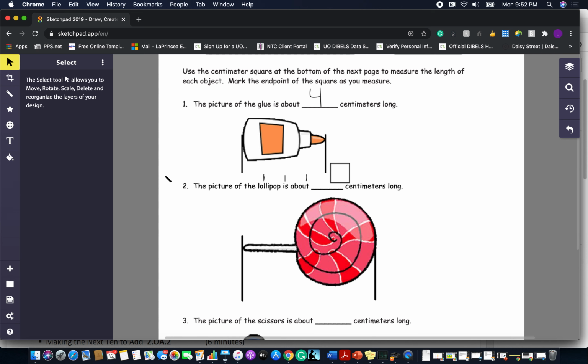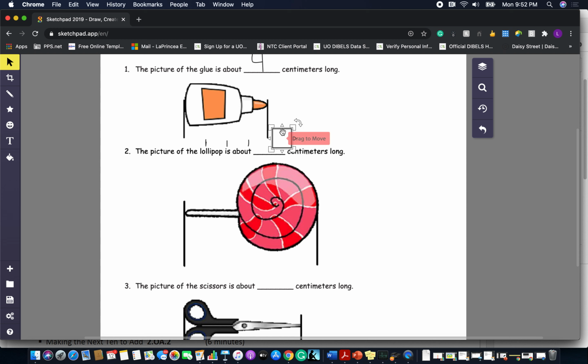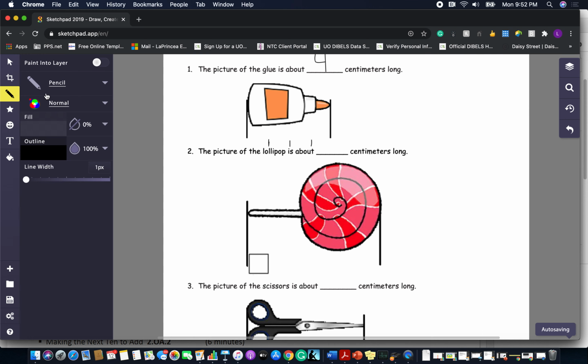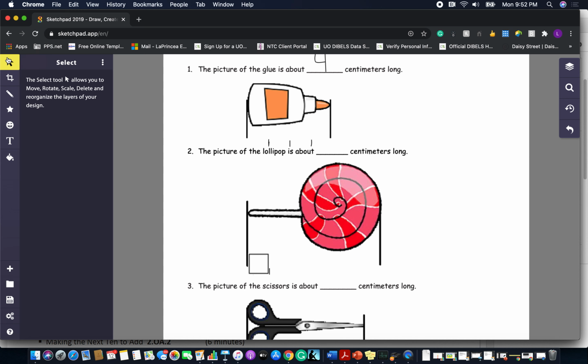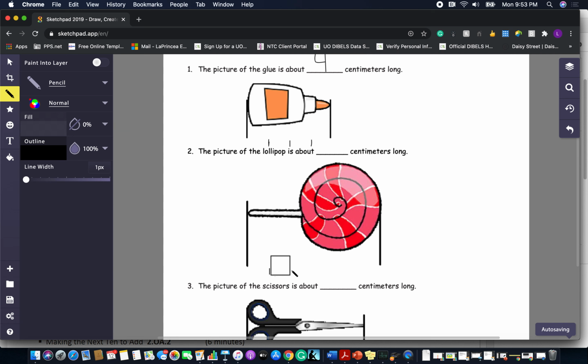Okay, let's do the next one of the lollipop. Starting at my end point, and then I'm going to mark where my cube ends. And then I'm going to move my cube, starting right where the last one ended. Be careful not to leave any spaces.